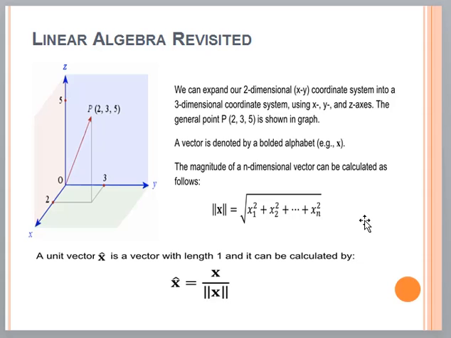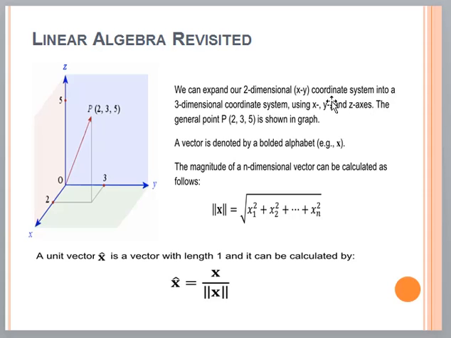If you recall your linear algebra knowledge, if we have a two-dimensional coordinate system x and y, we can expand it into a three-dimensional coordinate system by introducing a z-axis, right? So I can convert my two-dimensional axes to three-dimensional axes if I have this z dimension along with the x and y axes.